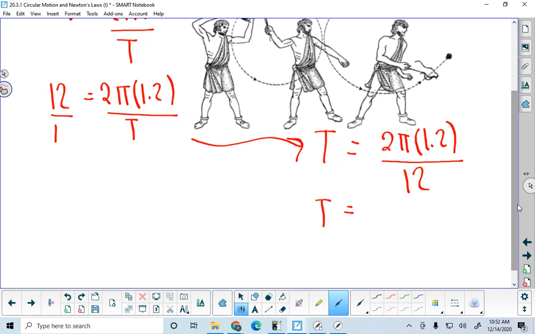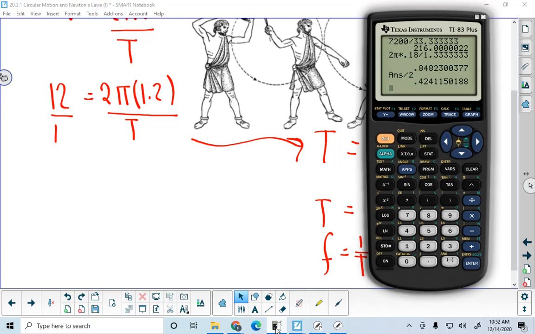I want to say 0.628. So you get 0.628 here. That's the period in seconds. If you want the frequency, take the reciprocal of the period. That's all you have to do here to find the frequency. The reciprocal of the period is going to be approximately 1.3, maybe 1.4.